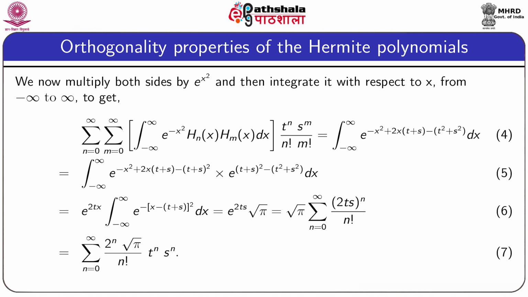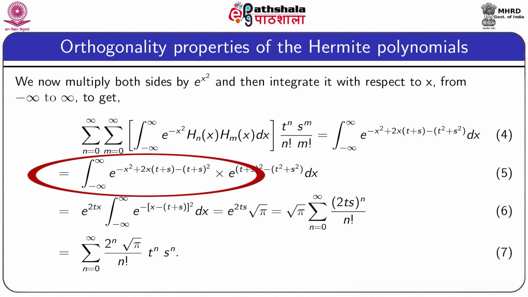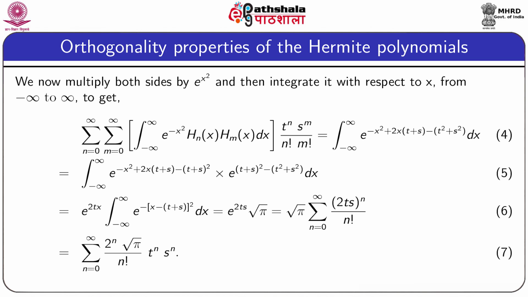We next integrate the right hand side of 4, and if you do that, we will get integration minus infinity to plus infinity e to the power minus x square plus 2x(t plus s), which is minus (x minus (t plus s)) whole square, into e to the power (t plus s) whole square minus t square plus s square dx.